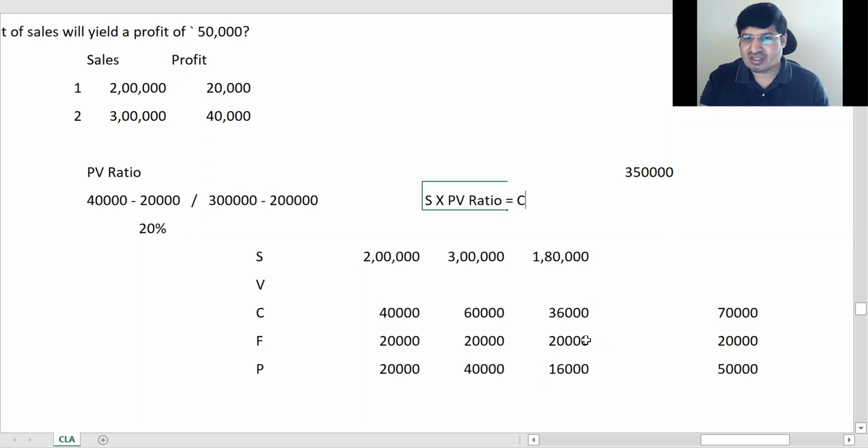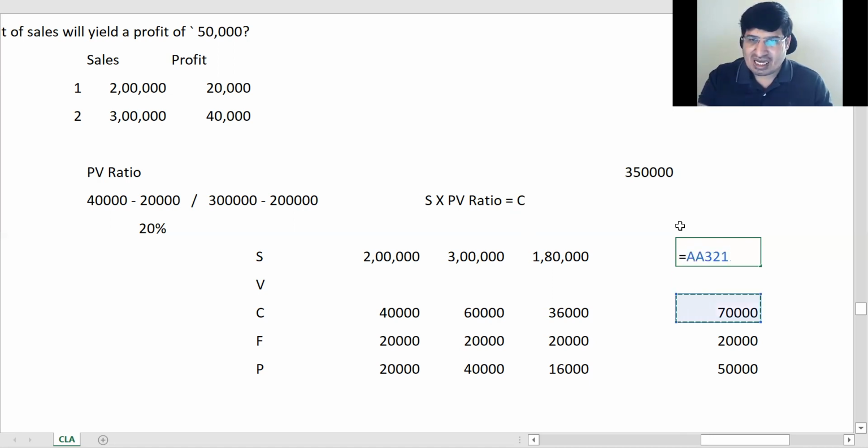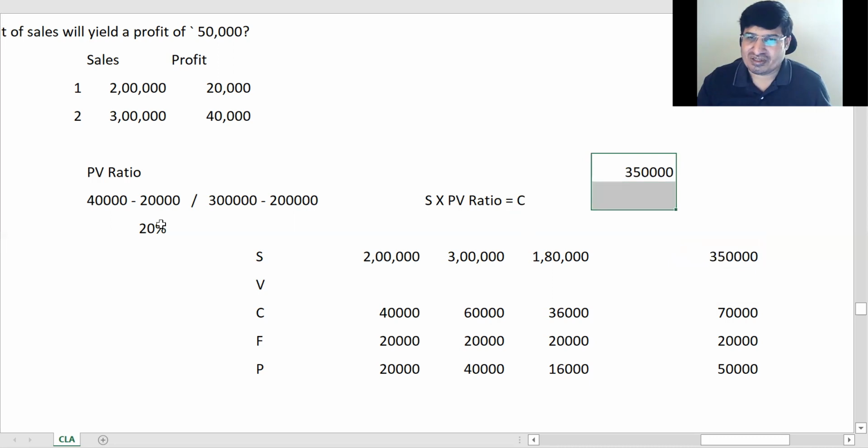Equals C. So what will be S? S will be C upon PV ratio, correct? So C upon PV ratio will be your sales. C is this, upon PV ratio of 20%, just 3,50,000. Okay, very good, so this is your sales.